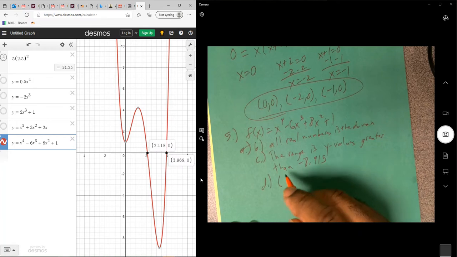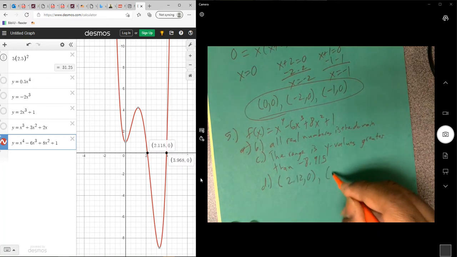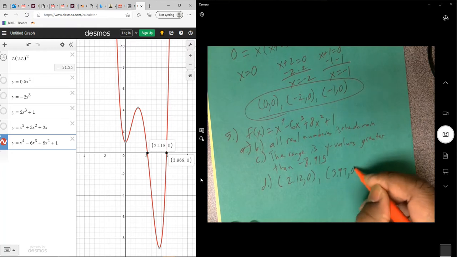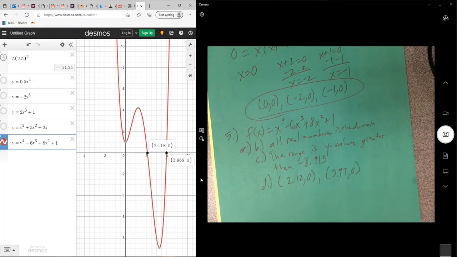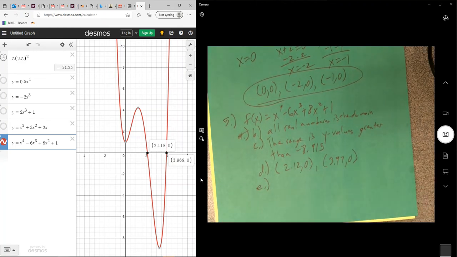If we round to two decimal places, it'll be 2.120, and then it'll also be 3.970. Now we go here to E. It says use your graphing calculator to estimate any maximum and or minimum points. Okay, so basically, you had two minimum points here.